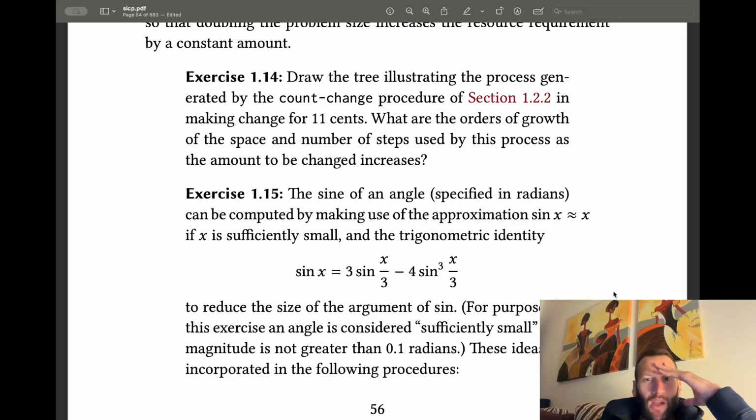The sine of an angle, specified in radians, can be computed by making use of the approximation sin x ≈ x if x is sufficiently small, and the trigonometric identity sin x = 3 sin(x/3) - 4 sin³(x/3), to reduce the size of the argument of sin.